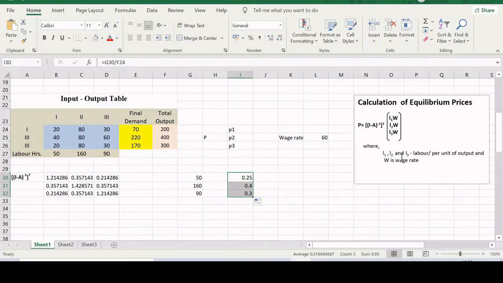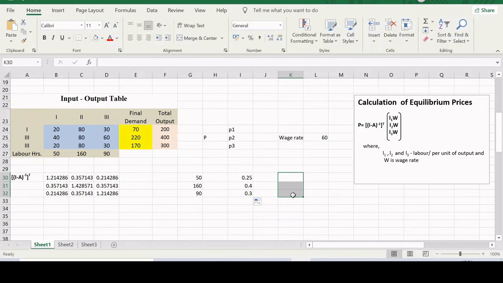Now we need the labor cost per unit of output. So this is to be multiplied with the wage rate, that is W. We have this scalar which is 60, and we have the elements of this matrix which is L1, L2 and L3. To multiply this scalar with this matrix we have to select the range. As we know, when a scalar is multiplied with a matrix, the order of that matrix remains the same.